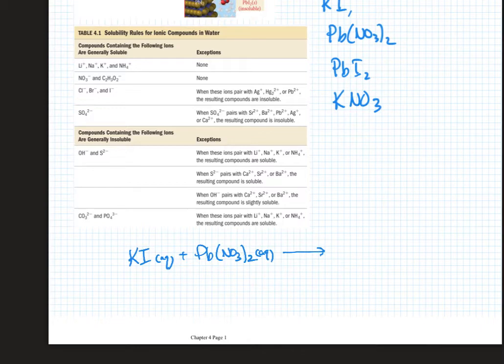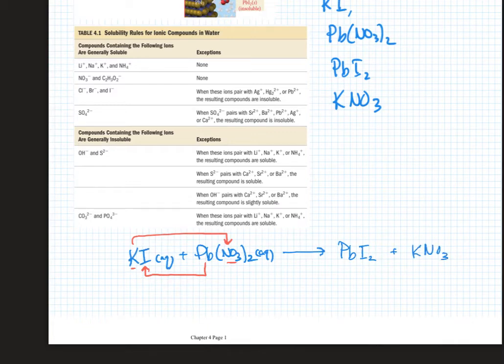This is called an exchange reaction or a metathesis reaction. What that means is the cation from one species exchanges with the anion from the other species, and the cation from the other species exchanges with the anion from the first species. So we take cations and anions and we swap them. Then we end up on the product side with PbI2 plus KNO3.